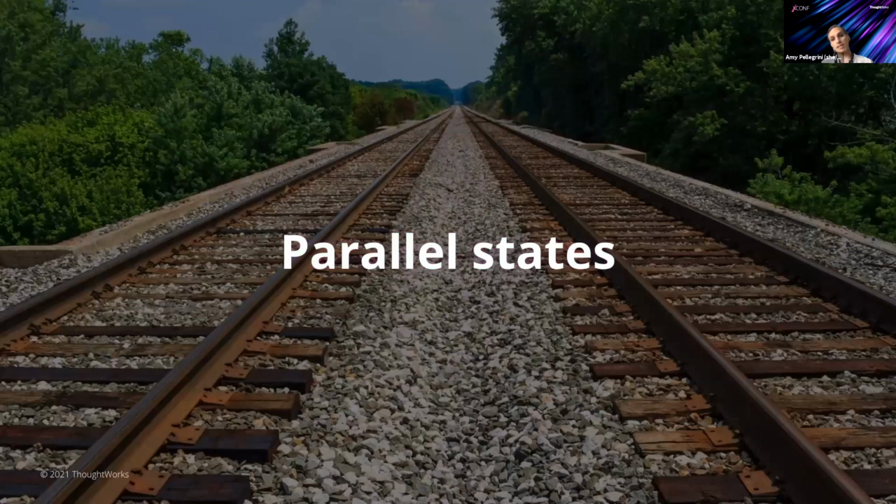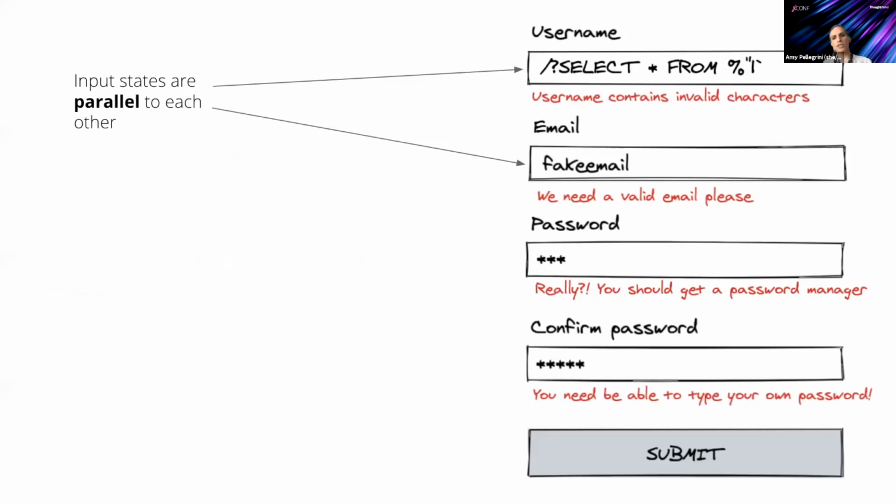The other concept is that you can have parallel states. Parallel states are the orthogonal concept to hierarchical states. Parallel states refer, for example, to the state of each input, which in this case is parallel, right? Each input doesn't need to know about the state of any of the other inputs. These inputs don't need to know about the button. The username doesn't need to know about the email. They can be valid or invalid independently.